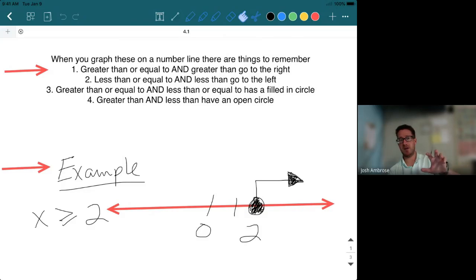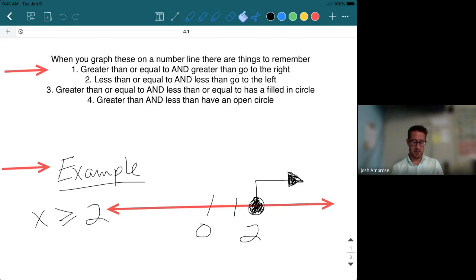If you have greater than or equal to, it's going to the right, but it's filled in. The opposite occurs for less than. If it says less than, go to the left and leave it open. If it says less than or equal to, go to the left and fill it in, close it.